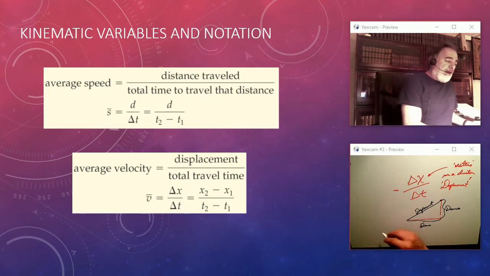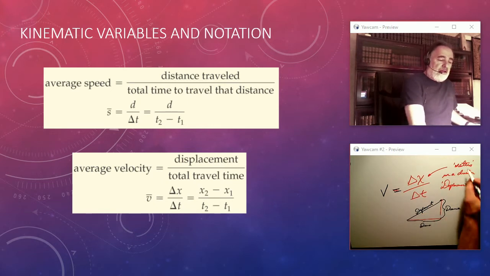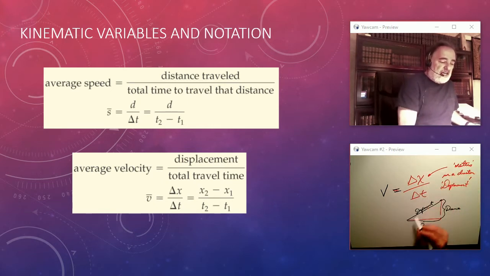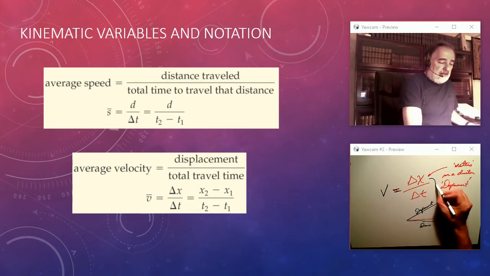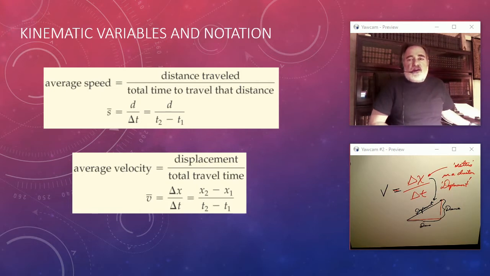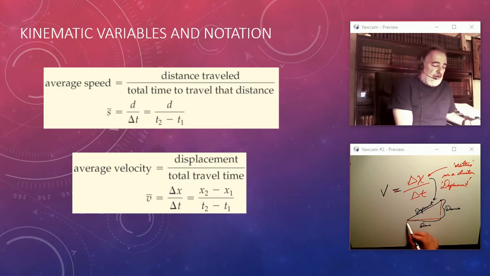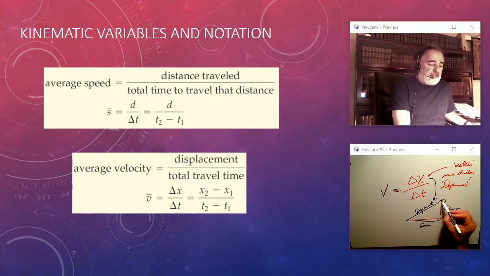If we're talking about velocity, this change in distance, this change in displacement, we'll call that, is that figure there. So with speed, I'm talking about the amount of distance traveled, and with velocity, I'm just talking about the displacement.